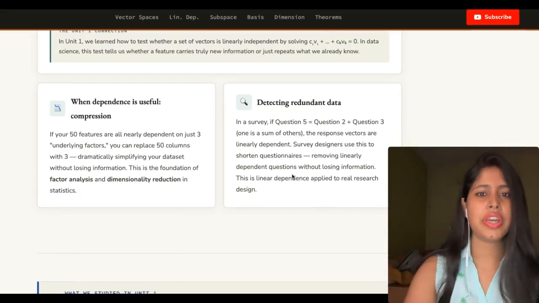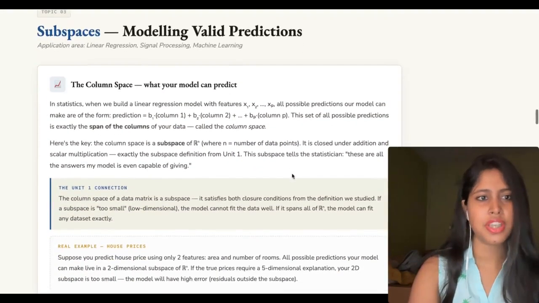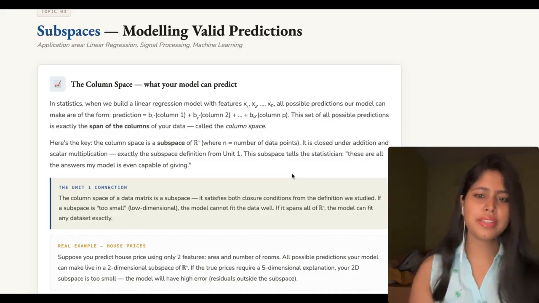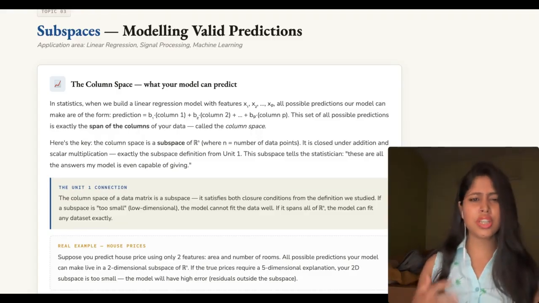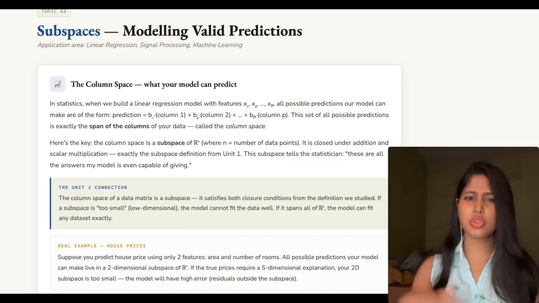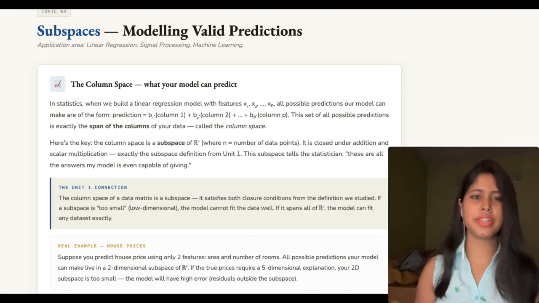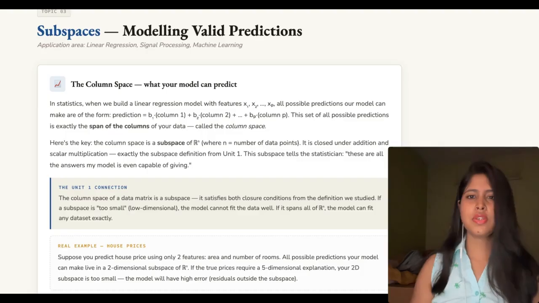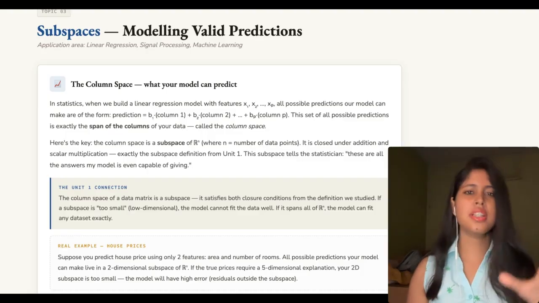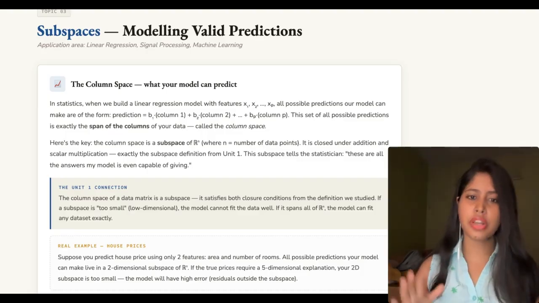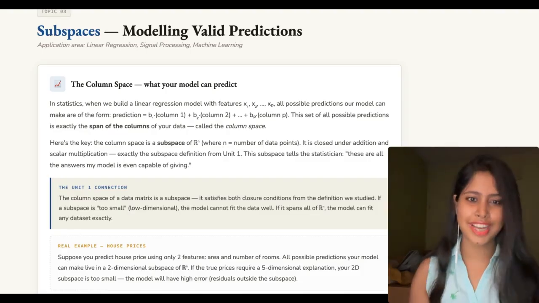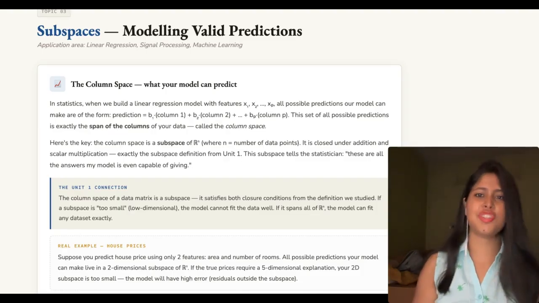Okay, coming to the next topic, which is subspaces. Now, you might think that in subspaces, we did not learn much about it, right? We just understood through two or three theorems and we did few questions on it. But still, the subspace is again a very important topic in real life, in statistics and data science, okay?